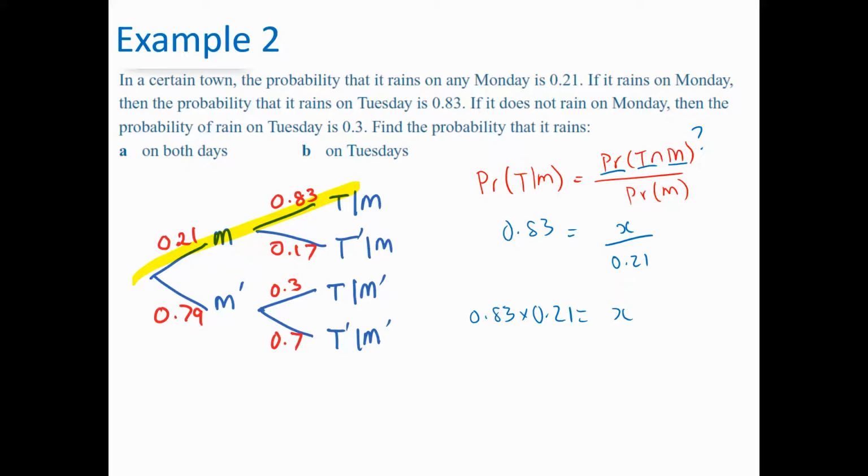Let's find out. 0.83 times 0.21. Yes. Therefore, x equals 0.1743, which means that the chance of Tuesday and Monday raining is about 17.4%. Leave it in decimals.